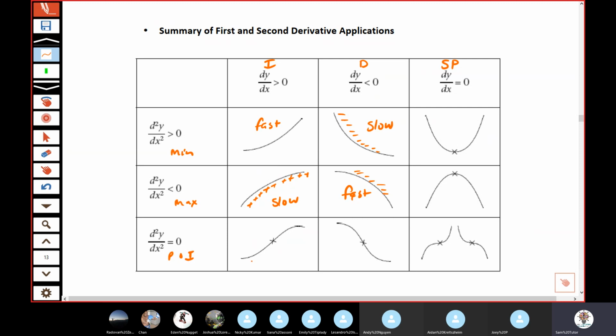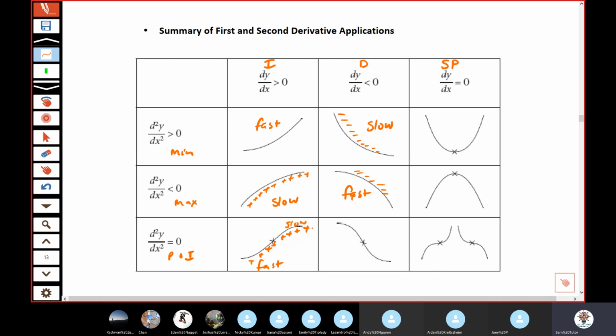Yep. This one, only increasing. But it's increasing what? And then what? Increasing fast. Look. Fast. Then it slows down.